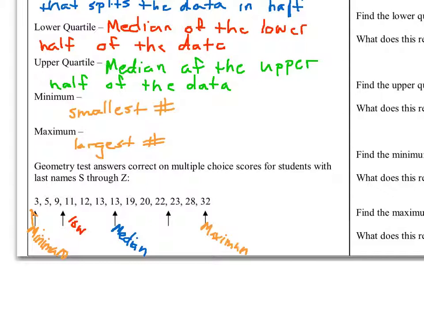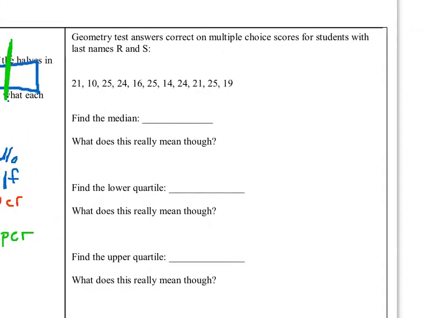This is the lower half of our data. Which means this last piece must be the upper quartile. Excellent. Moving forward, let's see an example here.